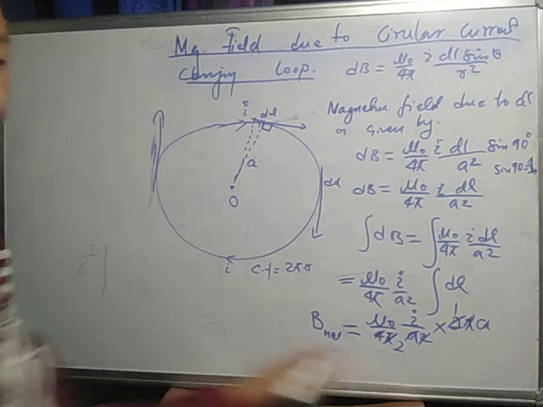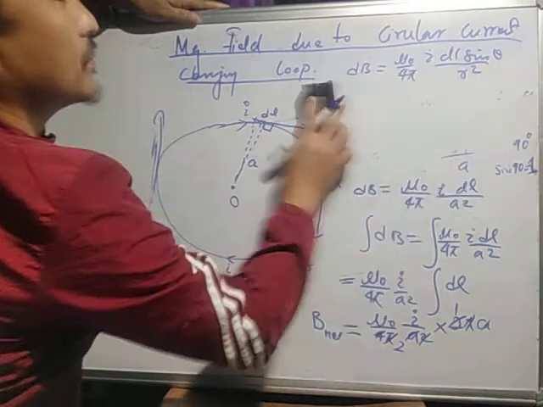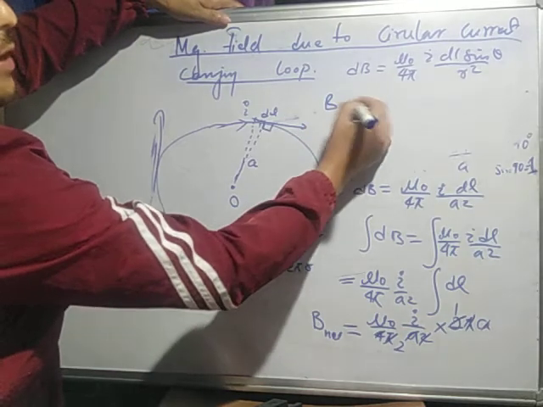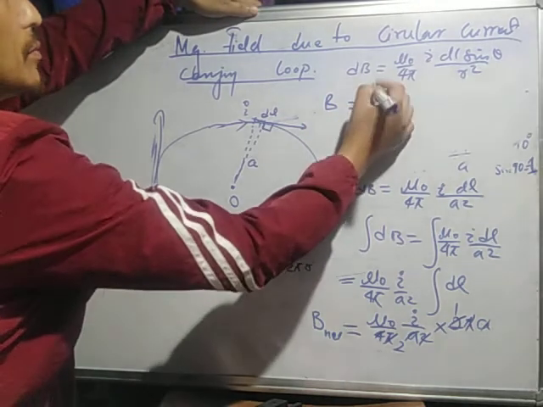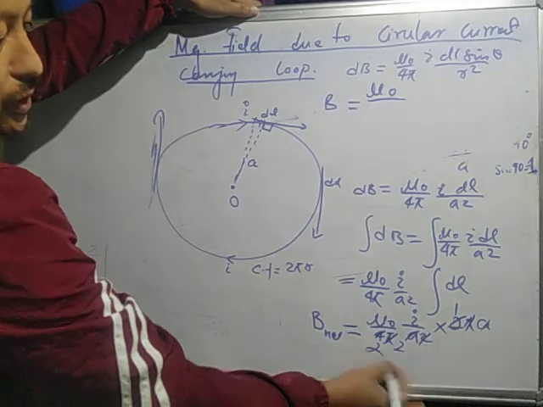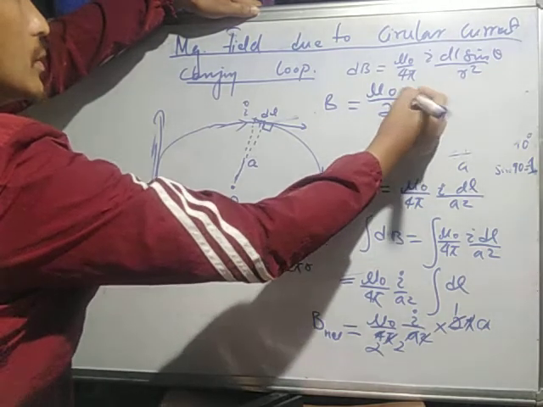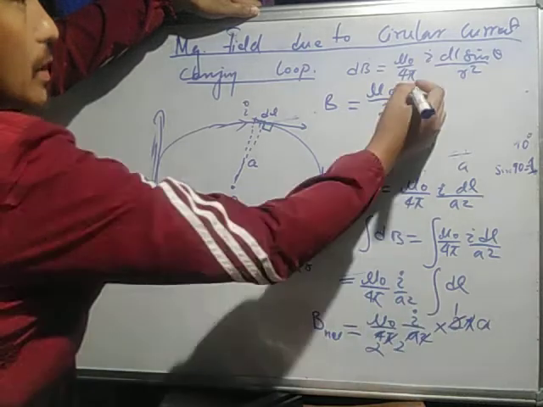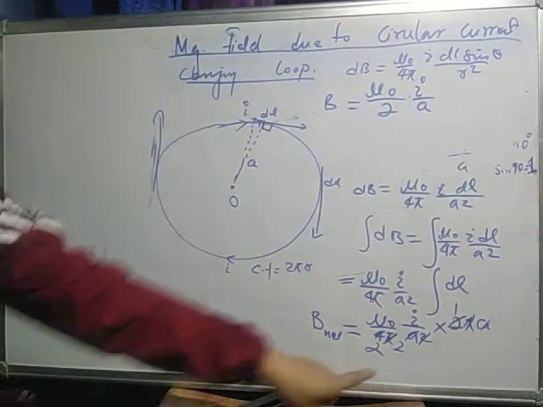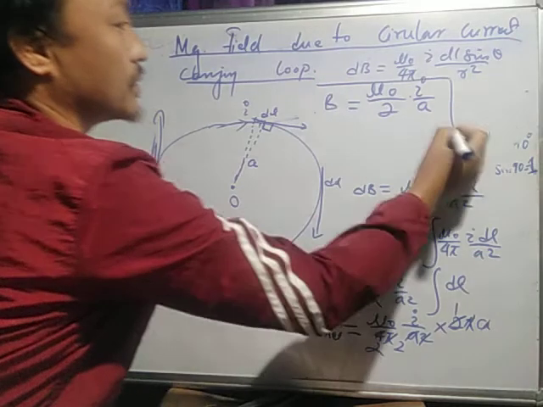So how much you'll get? Let me write here. So final B equals to mu naught by 2, also 2, isn't it? So mu naught by 2 into I by a. Clear? Hope you understood, isn't it?